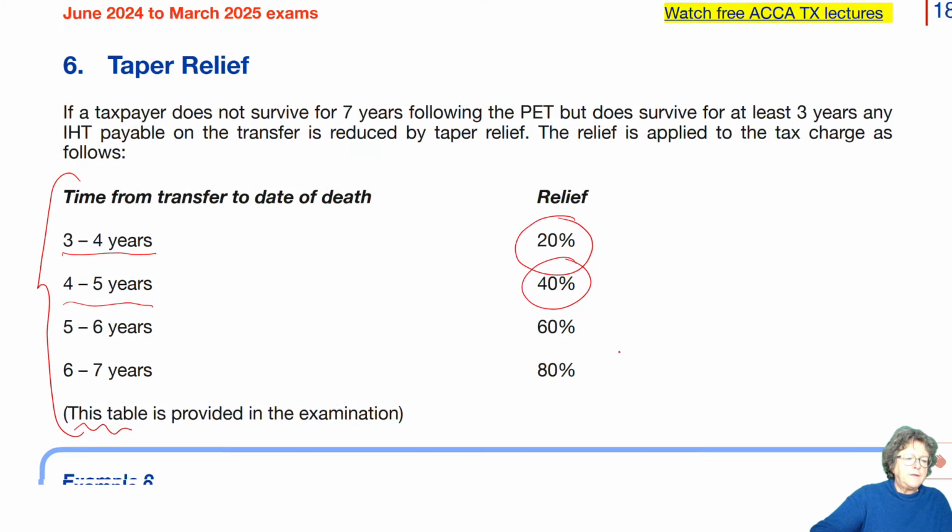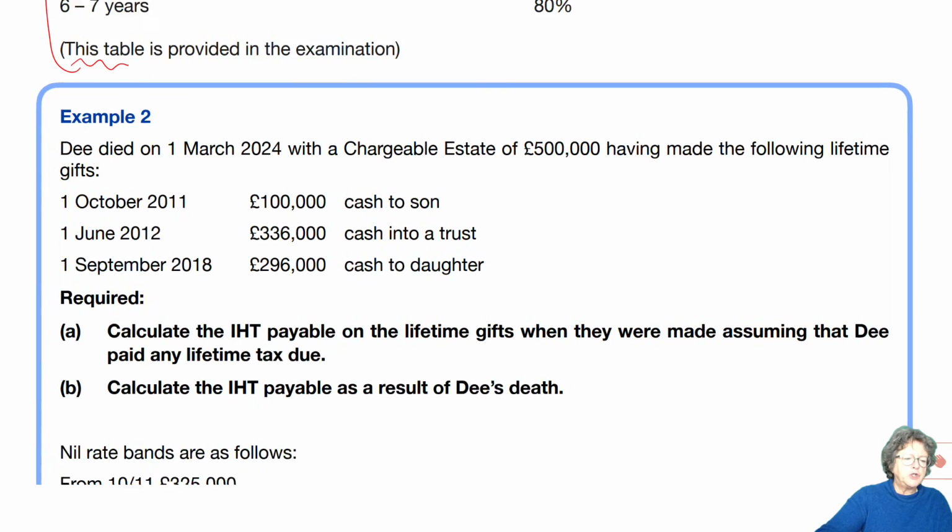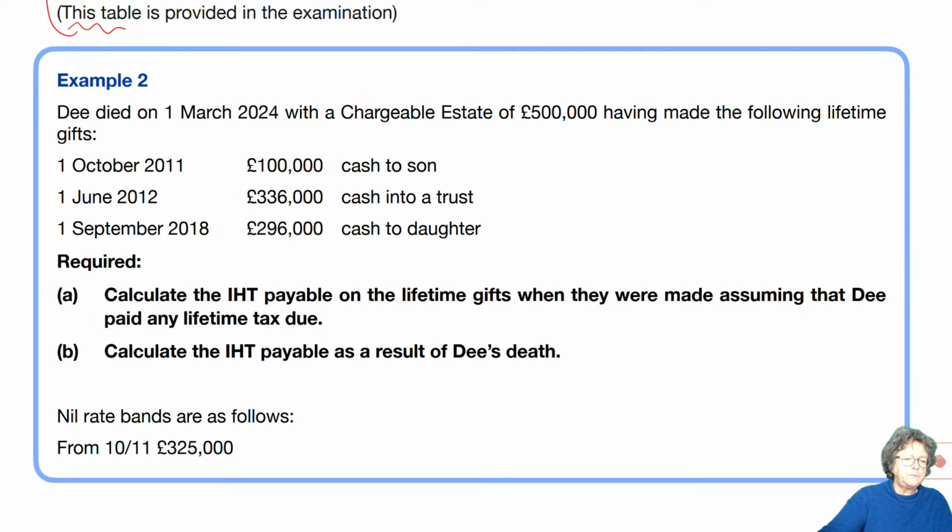So let's have a look at example number 2. D died on the 1st of March 2024 with a chargeable estate of 500,000. She made the following lifetime gifts, and there are 3 of them. On the 1st of October 2011, 100,000 to her son. That's a PET.